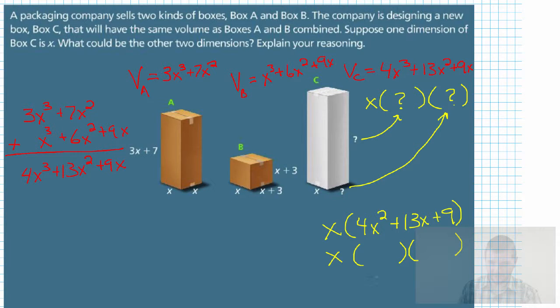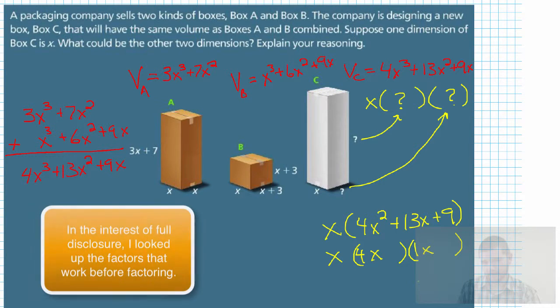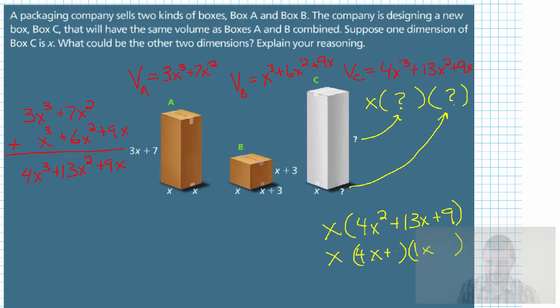So we fill in our first terms, keeping in mind that they must have a product of 4x squared, and selecting two factors of 4, and then factors of 9, and a quick check with a FOIL.